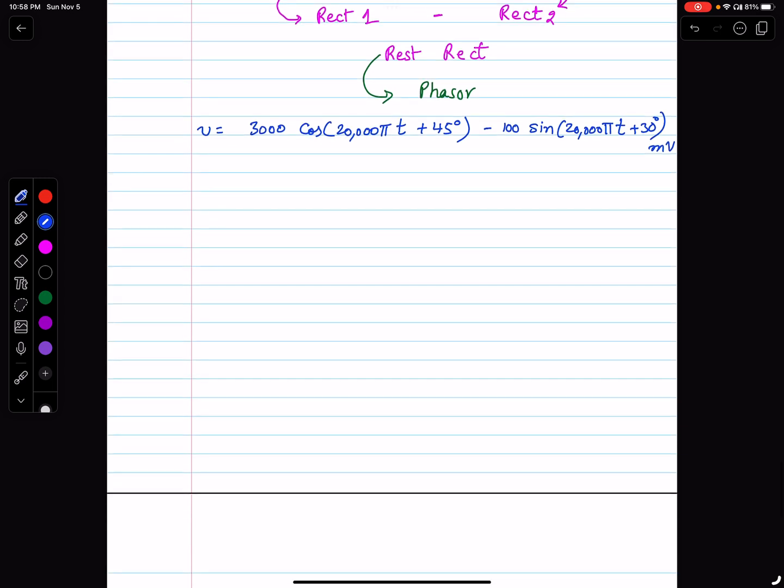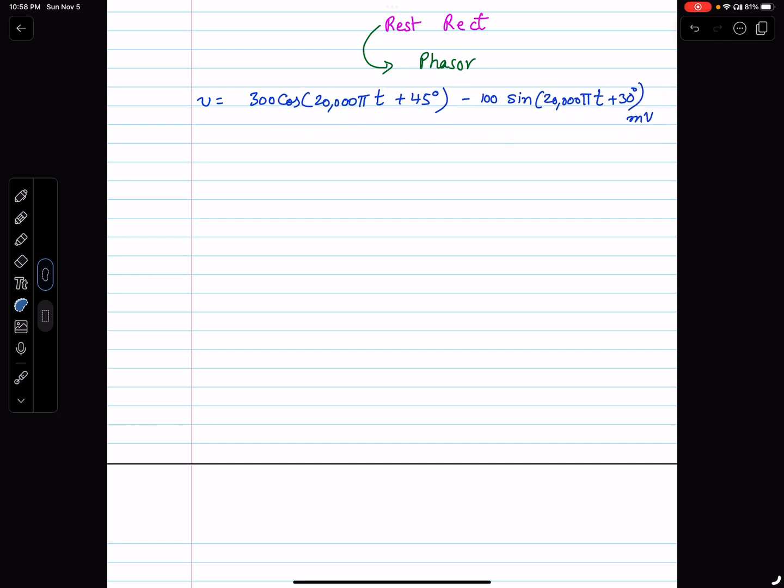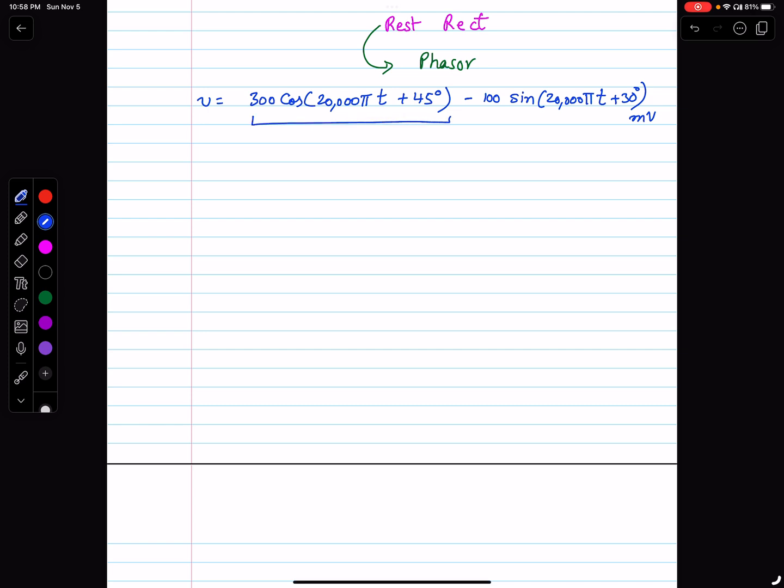Okay, so now let us see. This first one is really simple. Is it 300 or 3000? Let me make sure I get it right. It is 300 really. So this part I'm going to write as 300 angle 45 degrees. That's the phasor transform, right?